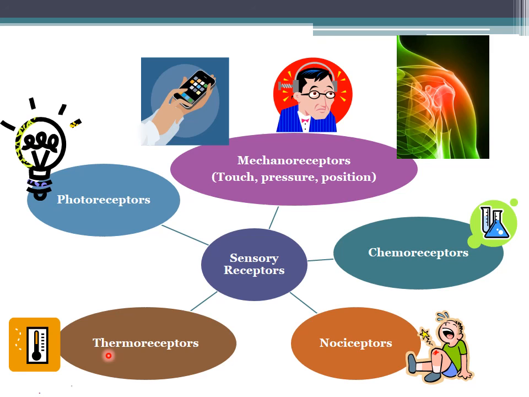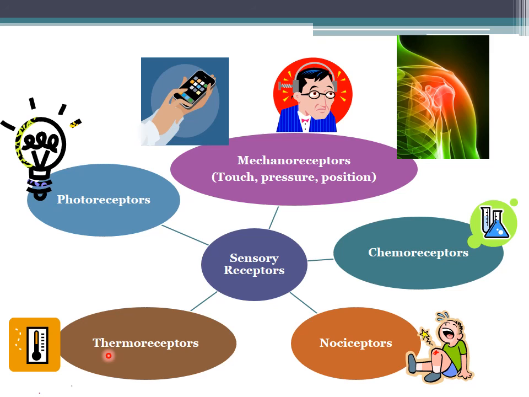Now, having these two types of receptors allows you to essentially process any type of temperature stimuli. So let's say you have something that's very, very hot and it touches the surface of your skin. That will actually activate the warm receptors and the extreme receptors together. So if you have the two being activated, that will be perceived or processed in the brain as hot.